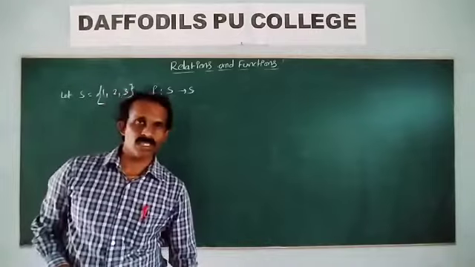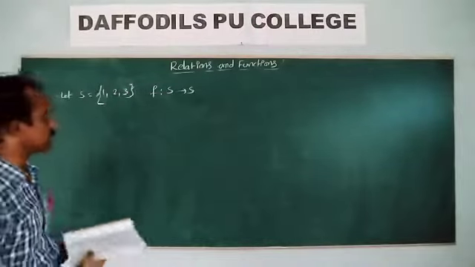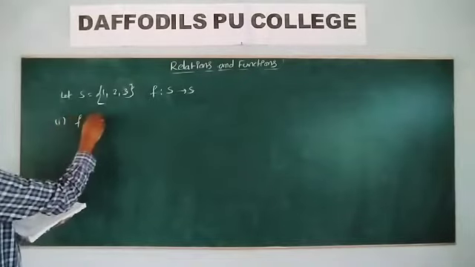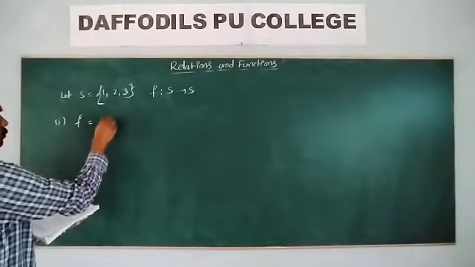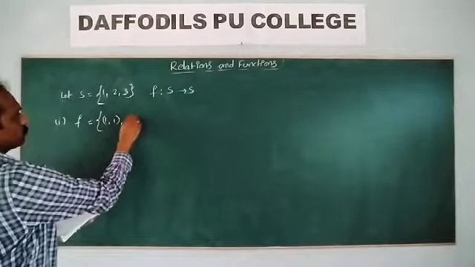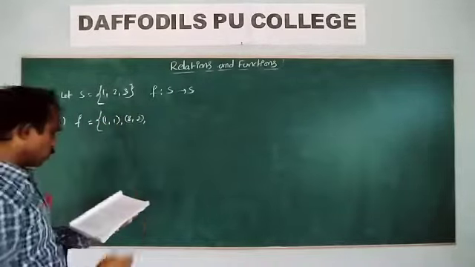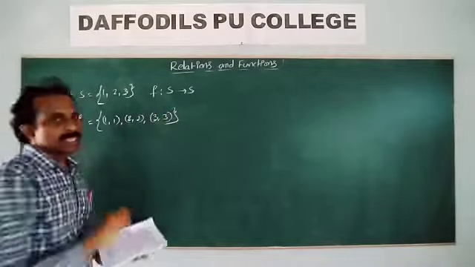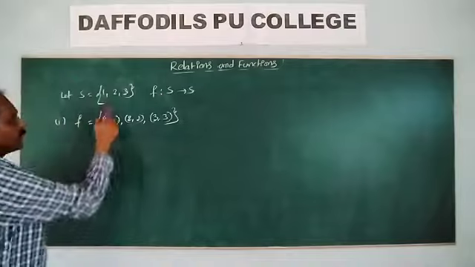Find the f inverse if it exists. Okay, first one: F is equal to {(1,1), (2,2), (3,3)}. Right, S to S.